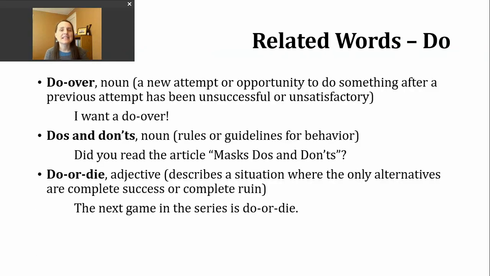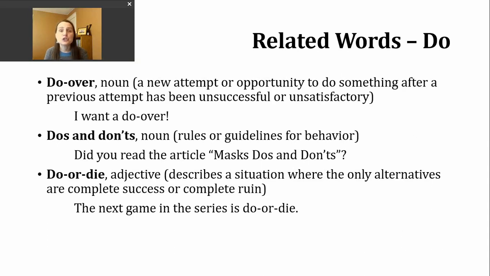Now let's take a couple minutes to look at some words that are related to our verb do. Today, the first one we're going to start with is the noun do-over. You might remember that do over was a phrasal verb that we discussed earlier. And this noun, the meaning of it is very much connected to the definition of the phrasal verb.